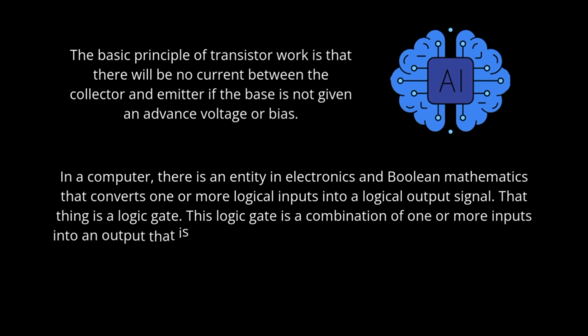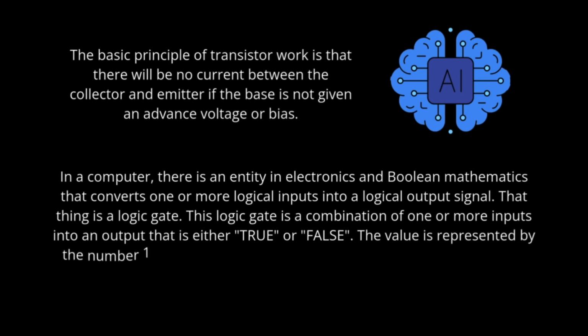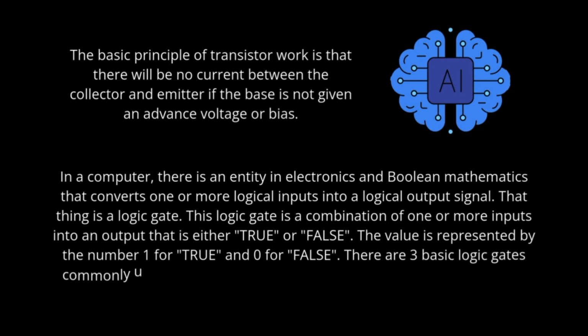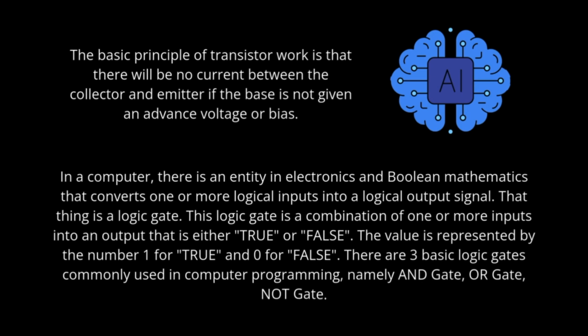In a computer, there is an entity in electronic and Boolean mathematics that converts one or more logical inputs into a logical output signal. That thing is a logic gate. This logic gate is a combination of one or more inputs into an output that is either true or false.